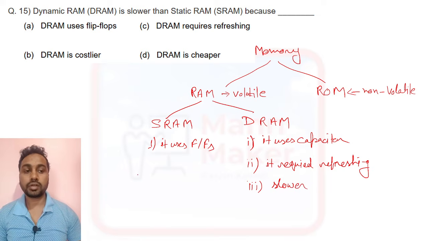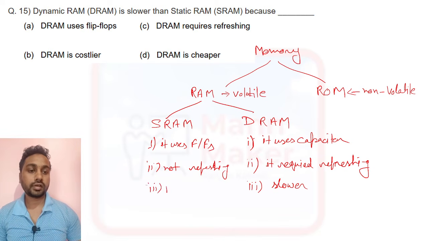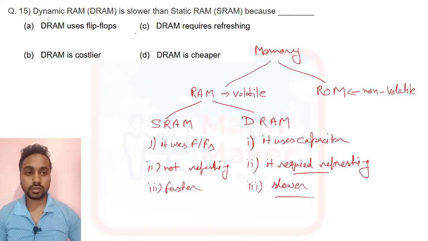Here in SRAM, refreshing is not required because it uses flip-flops, that's why it is faster. Just remember this thing. Why is DRAM slower? Because it requires refreshing. DRAM requires refreshing, that's why it is slower than SRAM. This is your answer.